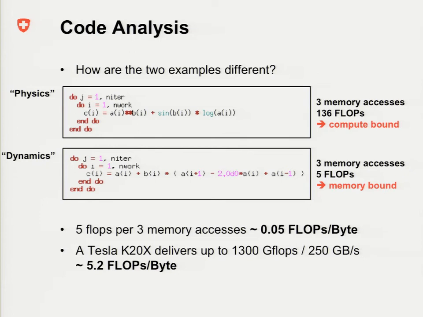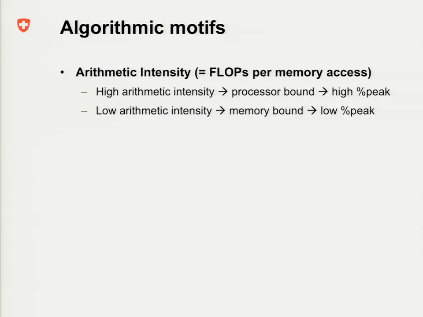So if you want to run at the sweet spot, or if you want to give enough work to a Kepler by reading from main memory, you have to do at least 5.2 flops per byte being read. And this is the punchline for COSMO, or for all the dynamics of COSMO: we are very strongly limited by the memory bandwidth, and that was the main driver of all the optimizations we did to the code, and also of the choice of going to GPUs.